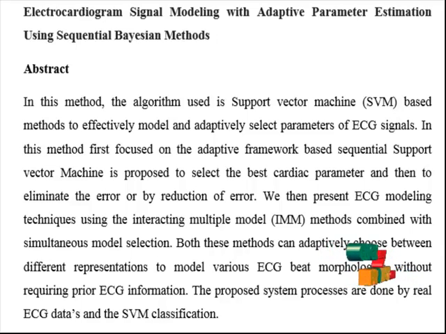The two methods can adaptively select between different representations to model various ECG beat morphologies without requiring prior ECG information. The processes are done with real ECG data and the support vector machine classification.